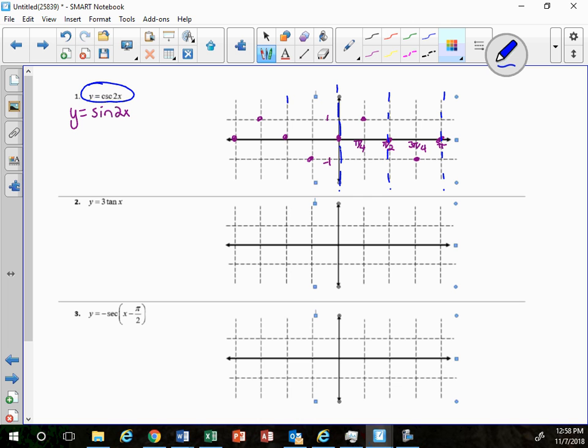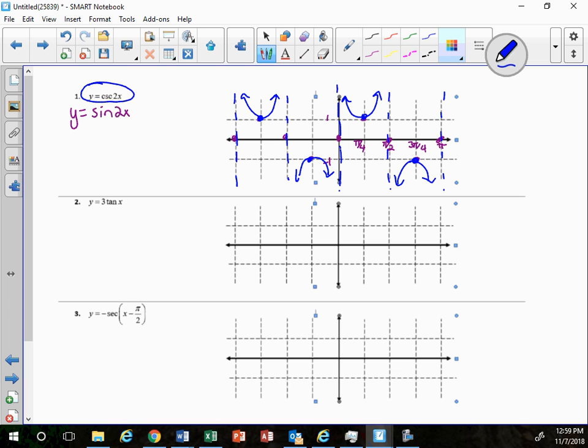Nothing wrong with drawing it. Pretty simple? Yeah, okay.